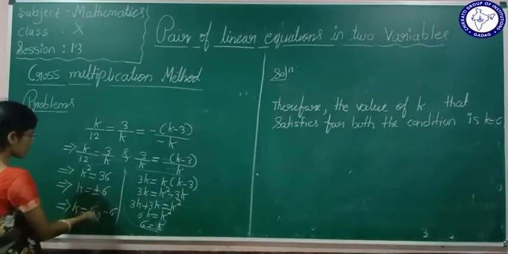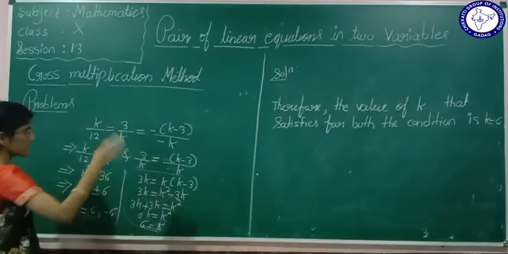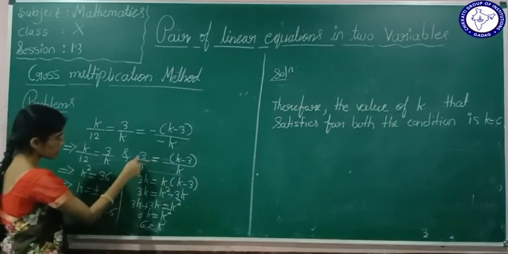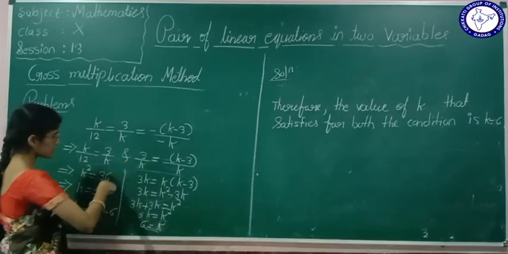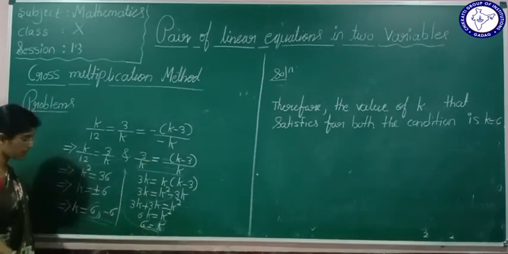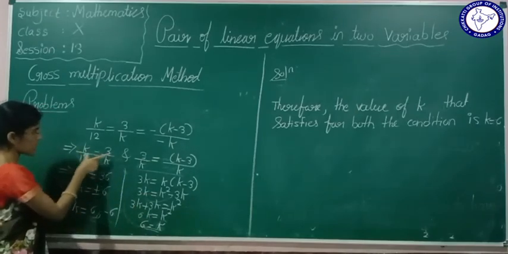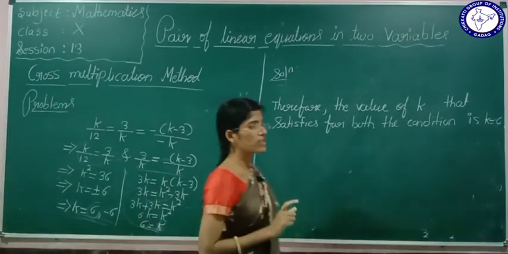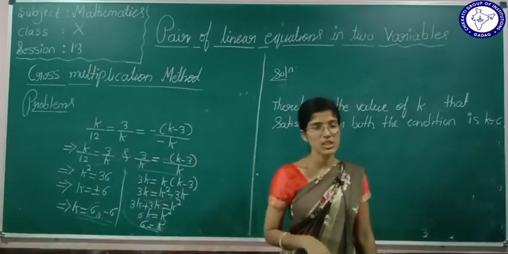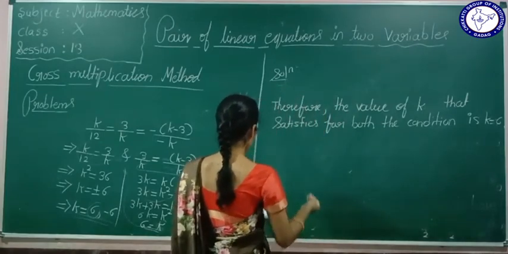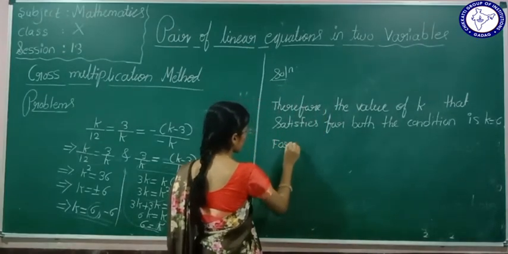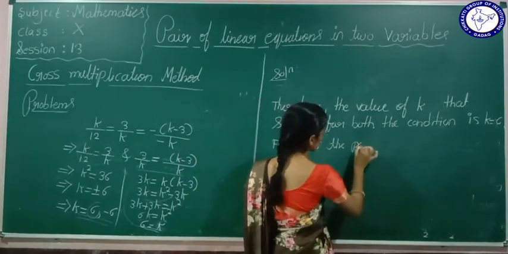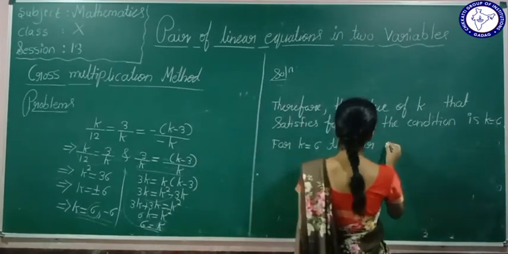This k is equal to 6 satisfies both of the conditions, but k is equal to minus 6 won't satisfy this condition here. Therefore, for k is equal to 6, the pair of linear equations has infinitely many solutions.